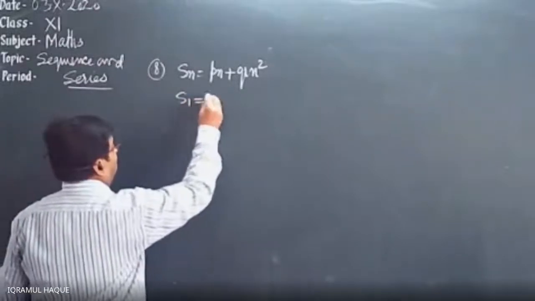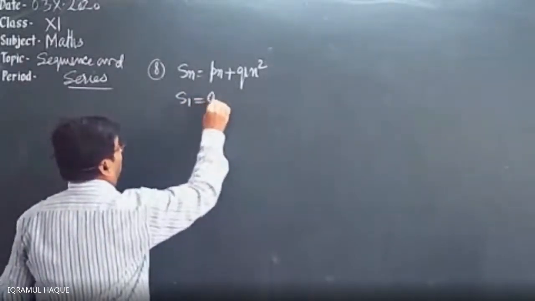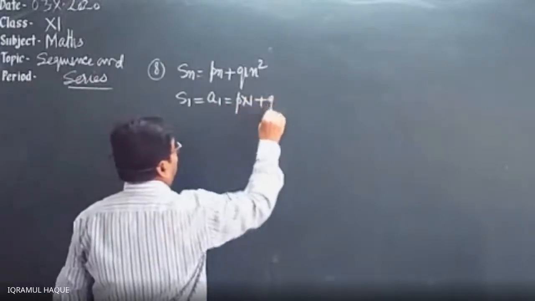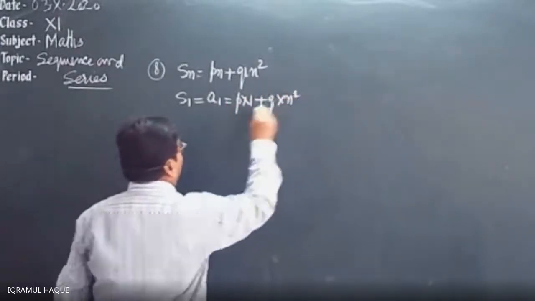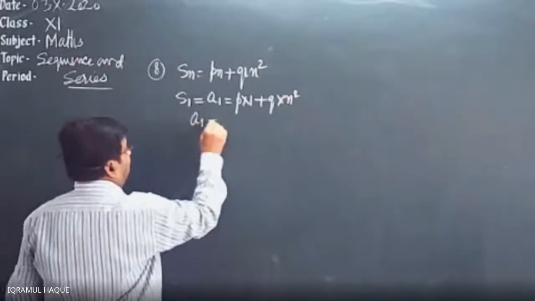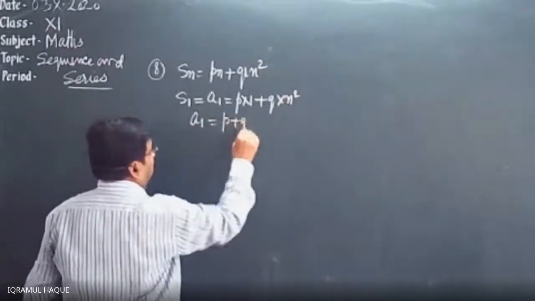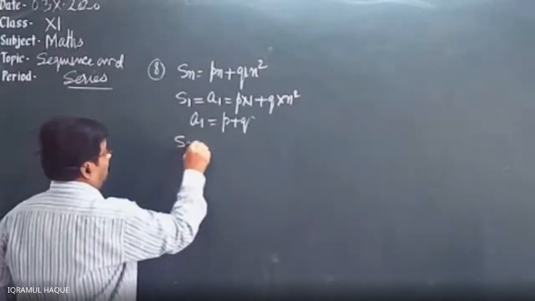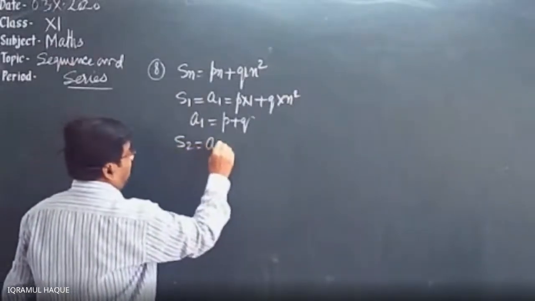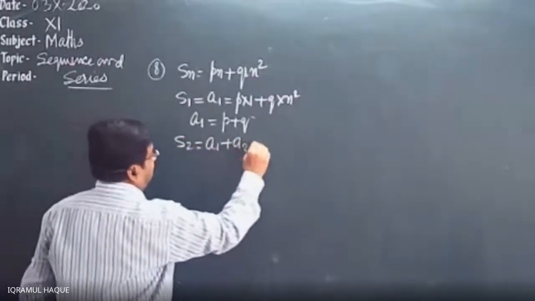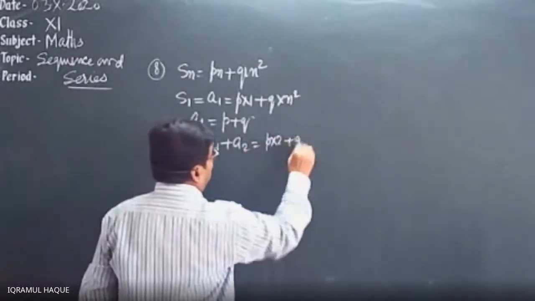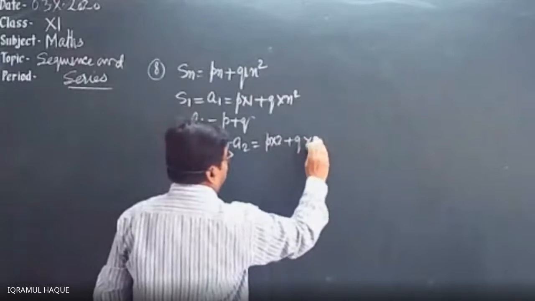S1 is equal to A1, that is the first term, and this is P into 1 plus Q into 1 square. So we have got A1 is equal to P plus Q. Now find S2. S2 means we have the sum of two terms, A1 plus A2. This is P into 2 plus Q into 2 square.